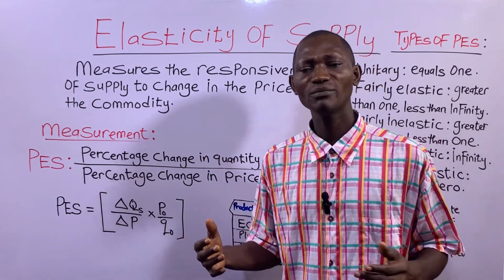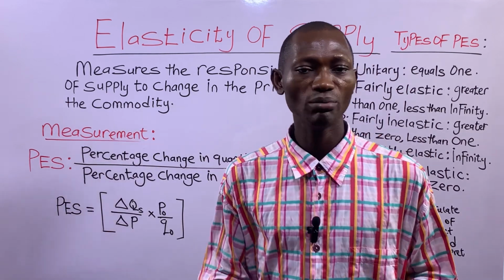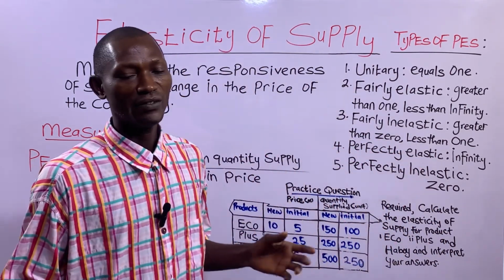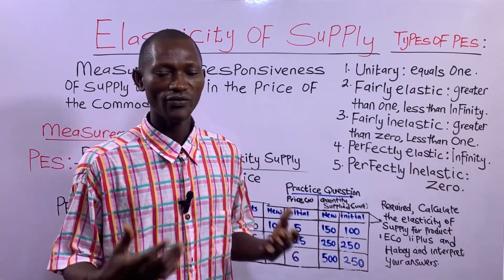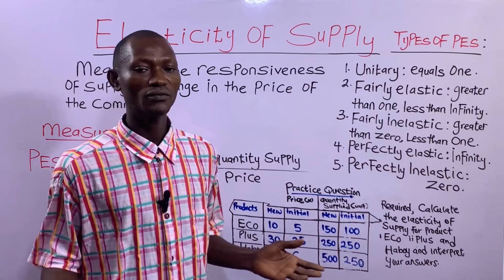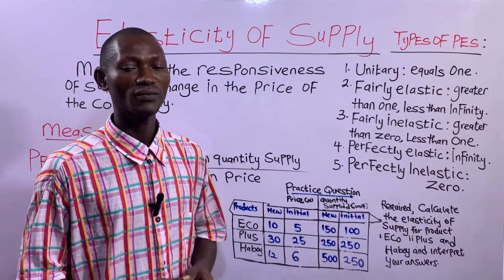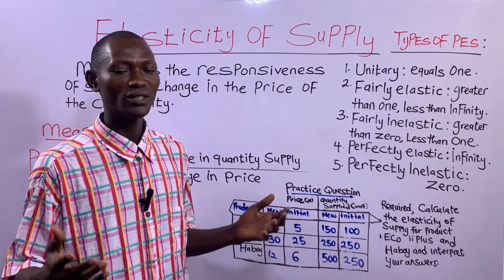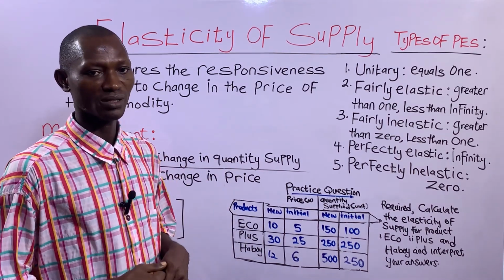Then we also have other determinants, which we call non-price determinants. For example, we have cost of production, that's the prices of factor inputs, the level of technology, the number of producers, imposition of tax, granting of subsidies, and all of the non-price determinants that may affect the supply of a commodity.